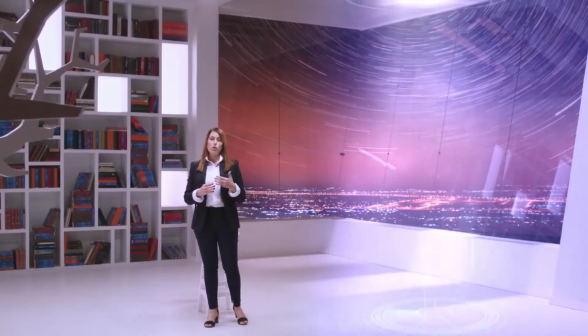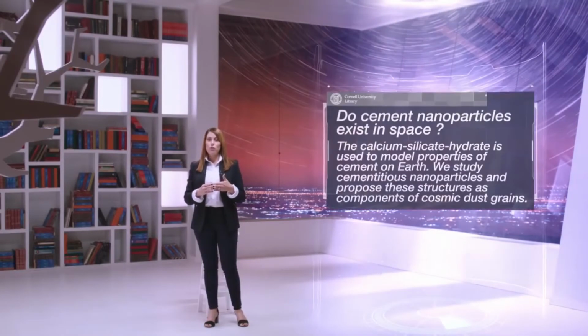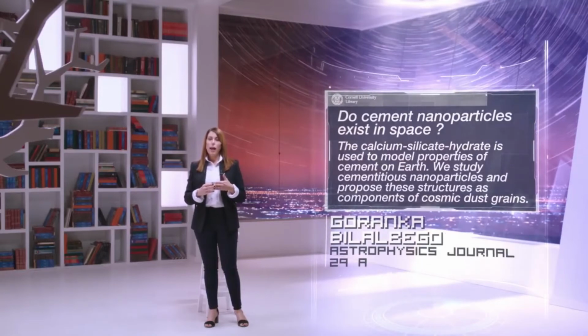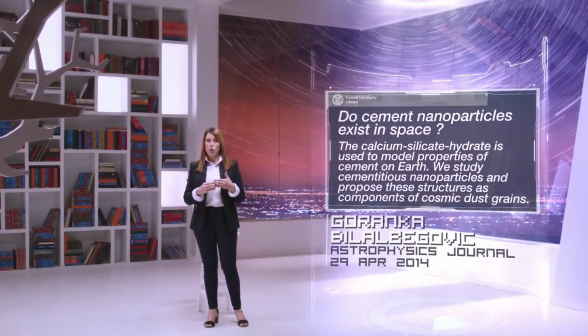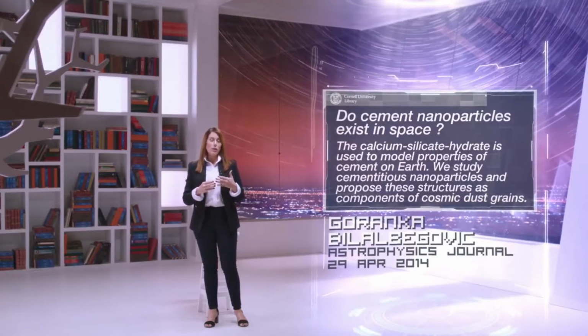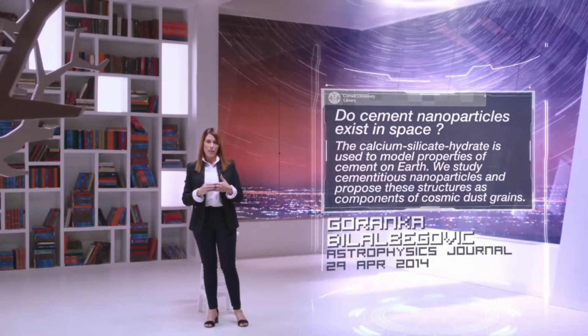In the form of stardust, supernovas scatter the elements that surround the core of the star and that are made through nuclear fusion by the star out into the cosmos. And these are the same elements that make up other stars, planets, and everything on Earth, including our bodies. In her research work published in 2014 in the Astrophysical Journal, Goranka Bilalbegovic and her research team described exploding stars as cosmic cement mixers in order to explain the presence of building material in space.